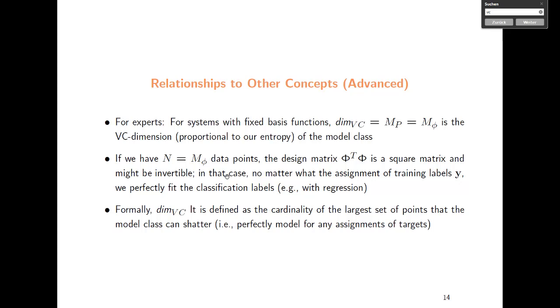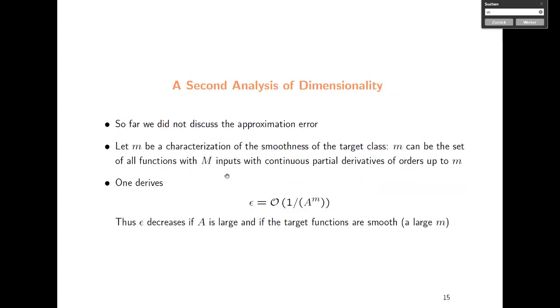In other classes like neural networks, the definition is more complicated. But this is just a preview on VC dimension. So let's continue with our discussion. So far we did not discuss the approximation error, so one can derive the following equation.